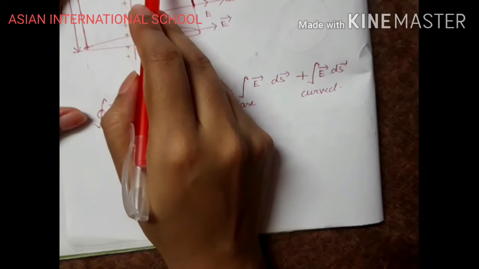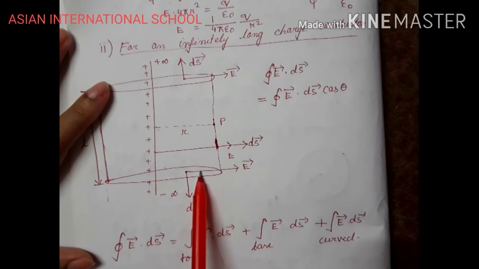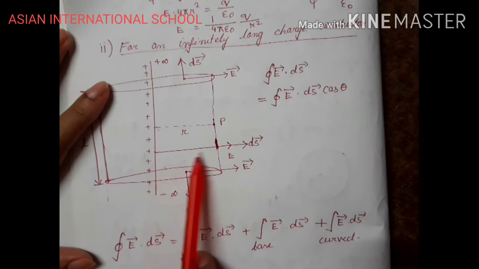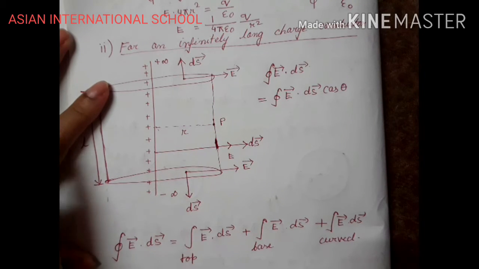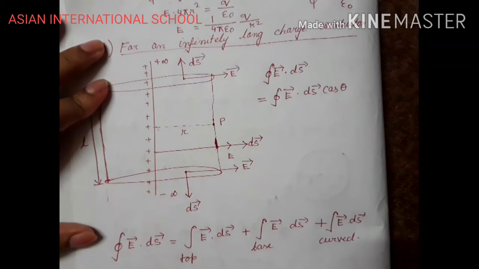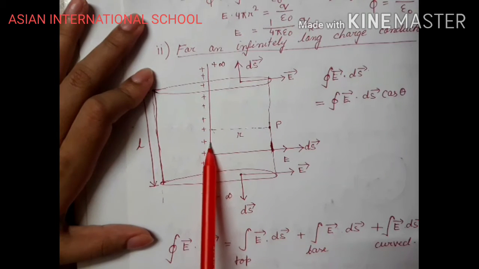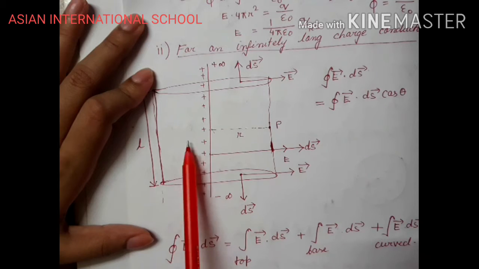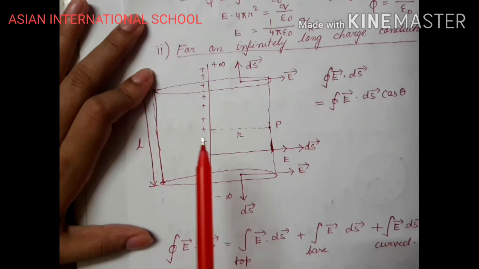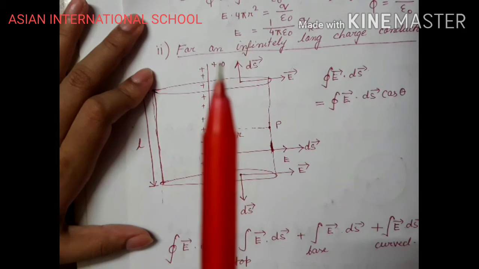See, for the top, E and dS are making angle 90. For the base also they are making angle 90. But for the curved portion, wherever you take the elementary area, the direction of electric field and the direction of the area vector are the same.